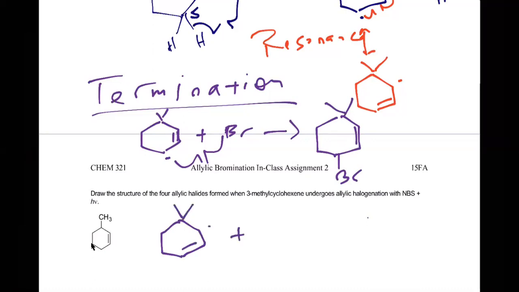Is that right? Yes. You always use whatever radicals you make in propagation. That's what's going to end up terminating. So then the Br is going to go wherever that dot is. So it's here. Br. Boom.